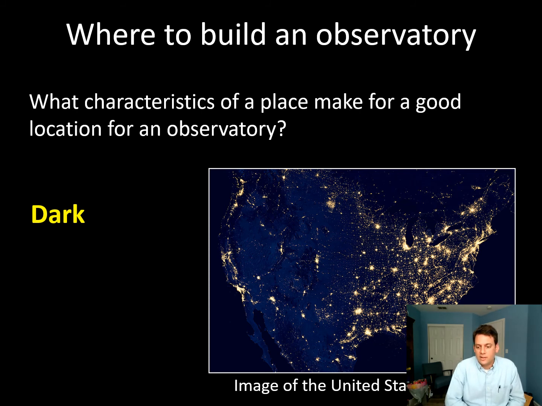You can see there's a lot of light in the U.S. There are more dark areas out west than there are in the east. But if you're going to build an observatory, you would like it to be dark, just so that the ambient light doesn't pollute your image. If you've heard the term, light pollution is the term that's used with regard to astronomy anyway, and it is used more generally. You want a dark area so that you can see stuff better.